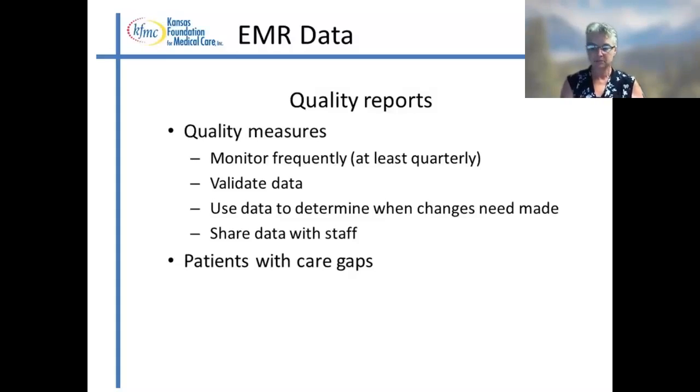And I know from experience that the mapping can be broken during an EMR update. If you don't go back in and validate that data within a few days of an update, you might find out months later that your staff has been doing great work documenting, but the data is not flowing correctly. So this is going to take a massive amount of staff time to correct, and your data may not be as accurate as it should be.